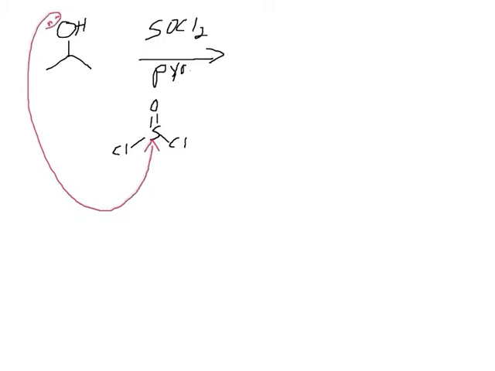And actually what happens is the electrons go up on the oxygen. Number my carbons, of course. 1, 2, 3.